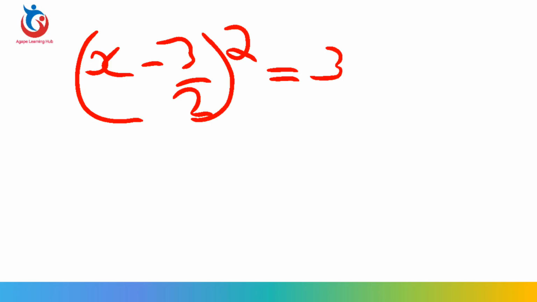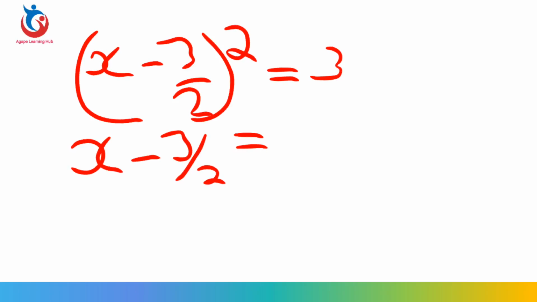So we're going to find the square root of both sides. So we have x minus 3 over 2 is equal to plus or minus the square root of 3. Somebody please find the square root of 3 for me.